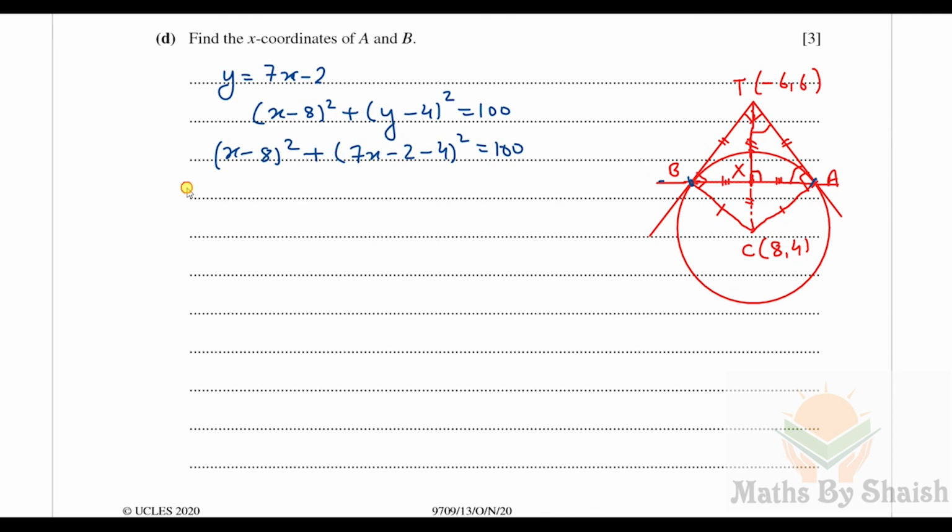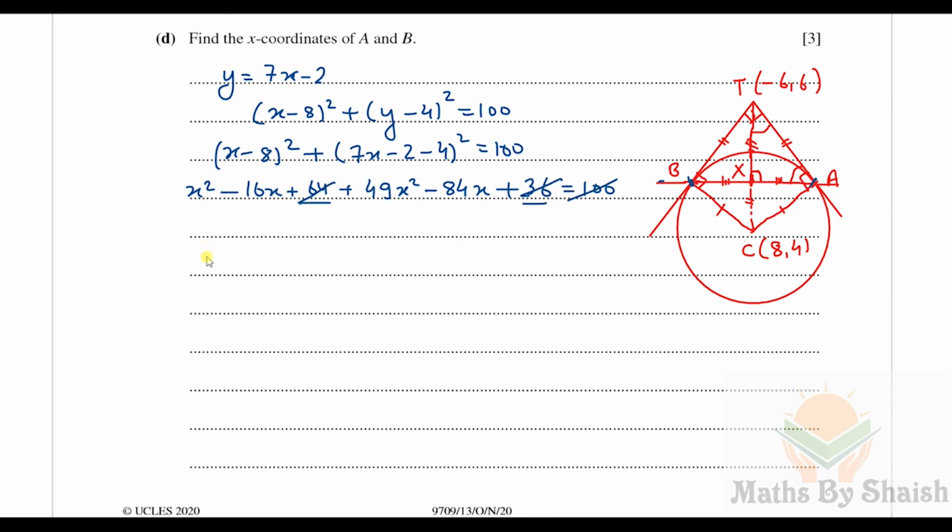And it becomes x square minus 16x plus 64 from here, and since it is 7x minus 6, it would become 49x square. 6 square means 6 7s are 42, 42 into 2 is 84, 84x, and 6 6s are 36, so plus 36 is equal to 100. Now we can see 64 plus 36 is 100, so these two got cancelled.